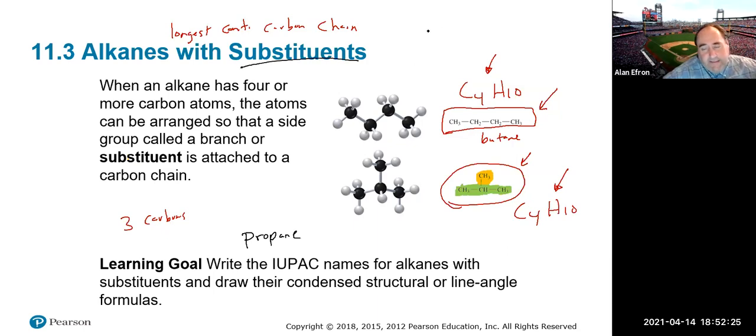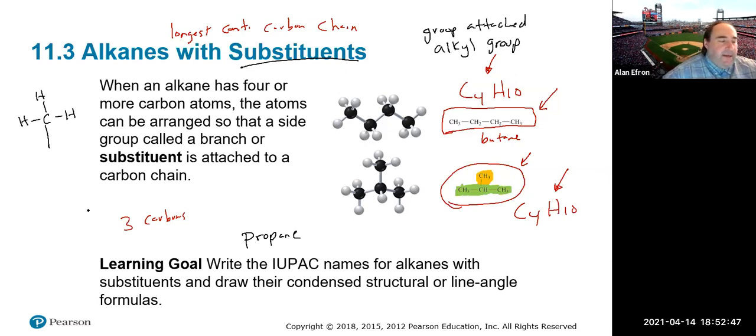It is a group that's attached, and it's known as an alkyl group. What is that group that's attached? Well, that group is 1 carbon and 3 hydrogens. Now, you might look at that and say, that looks very similar to our alkane that has 1 carbon, but it has 4 hydrogens. That's methane, right?